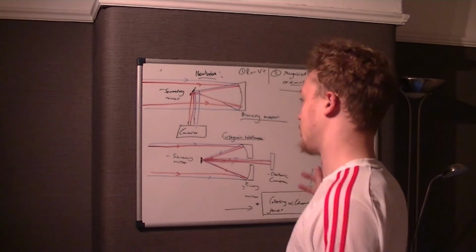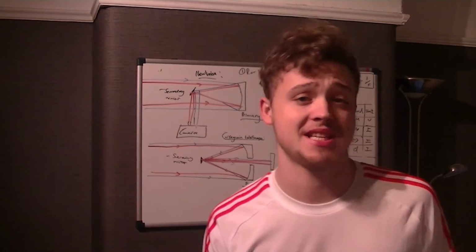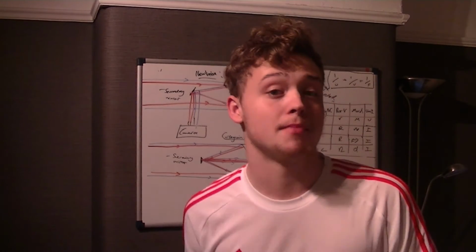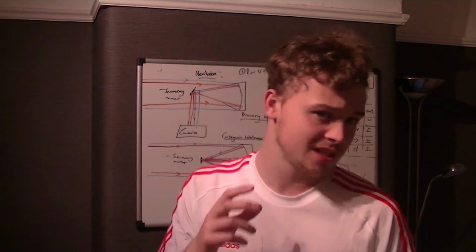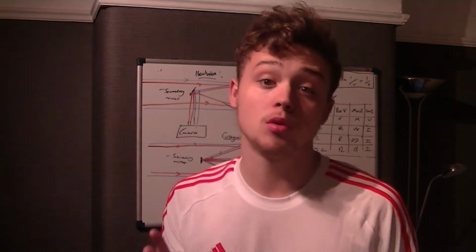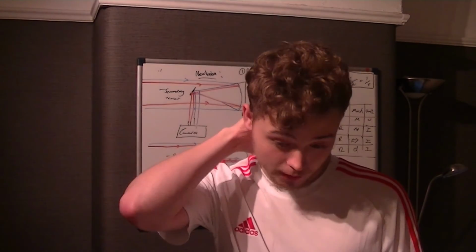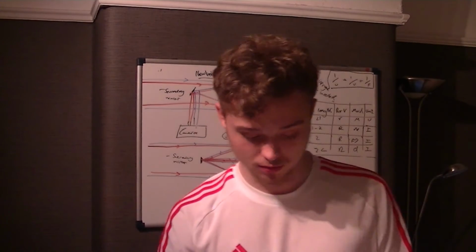Obviously the angles and stuff may be a problem, but what I'm trying to say is, as I was mentioning, if you want a greater magnification, you have to have a greater focal length, which means you need a bigger lens, which means more weight.